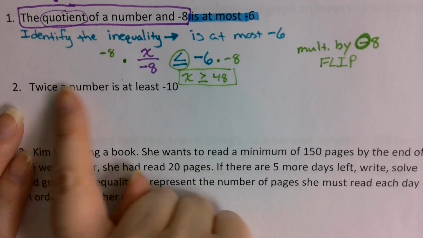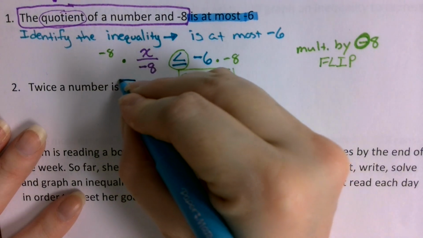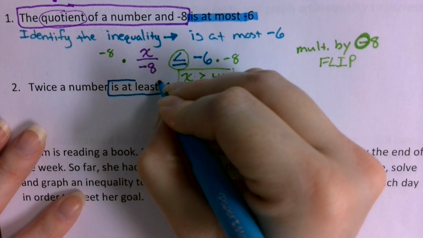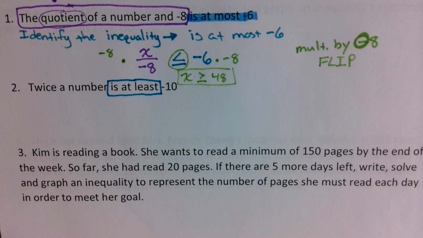Okay? Twice a number is at least negative 10. Is at least. So the first thing you should ask yourself is, will "is at least" be an equal to value? Yes. You must be at least this height to ride this ride.